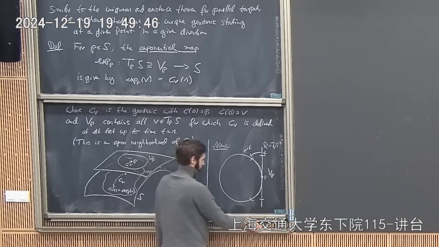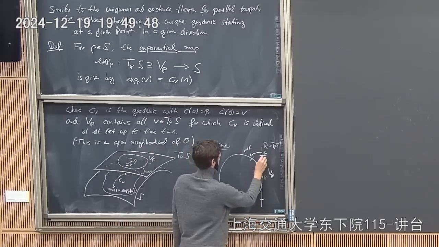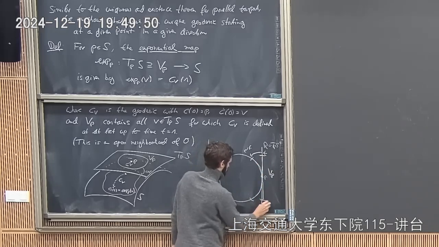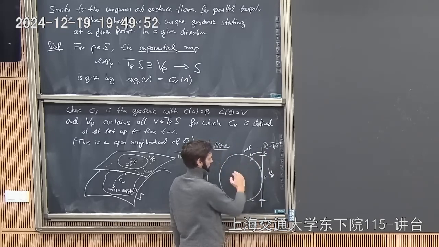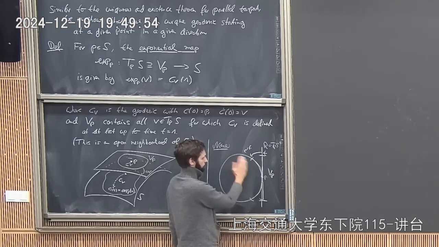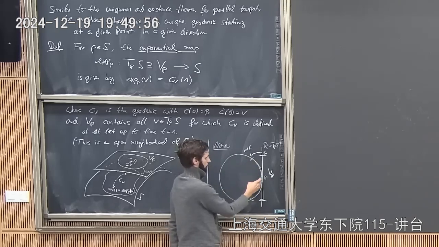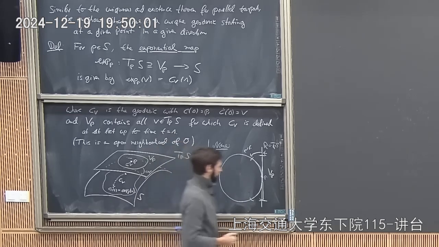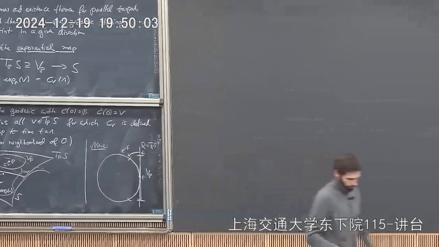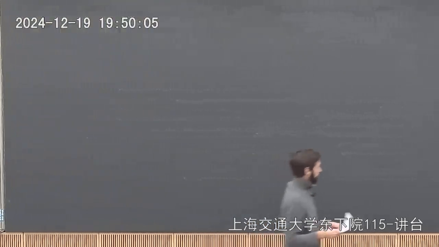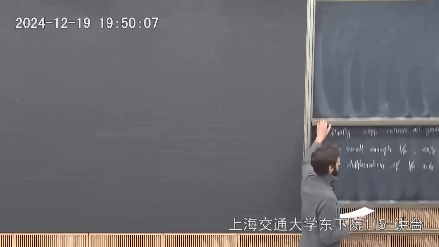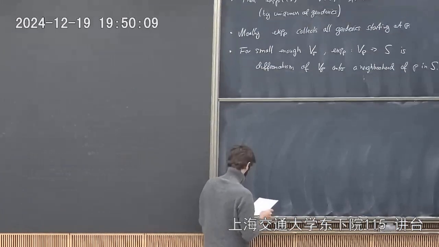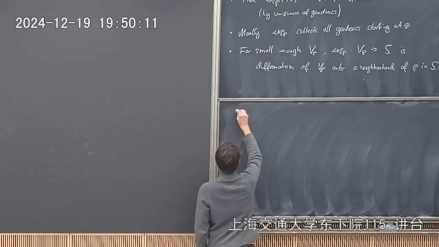So V of P, just some part in the tangent space, is in one-to-one correspondence to certain points that are close enough to P in the surface. So that's the idea. And using this, we can get polar coordinates as follows.